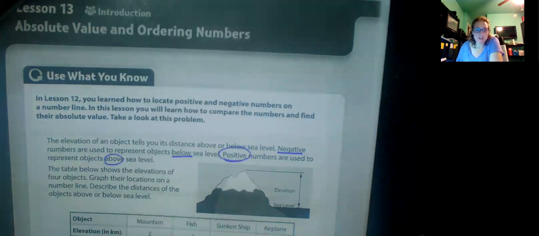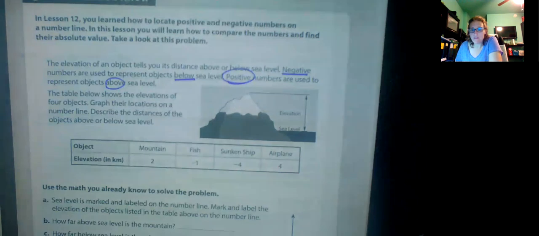The table shows the elevations of 4 objects. Graph their locations on a number line. Describe the distances of the objects above or below sea level. So it's asking us to do 2 things, graph and describe it. So let's take a look at the table. So we have the mountain, which is a positive 2 in elevation.